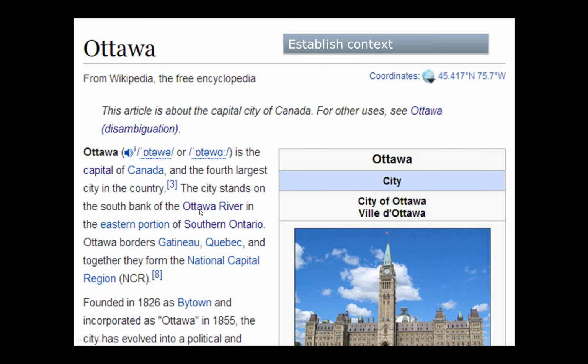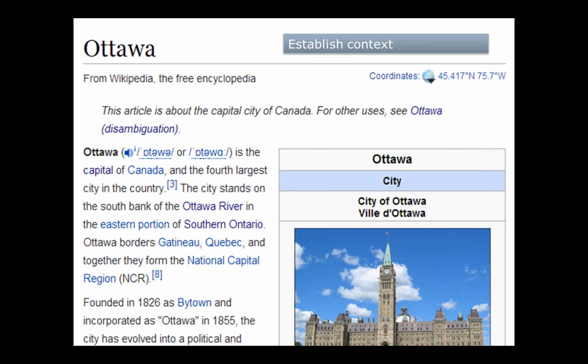It shows where it stands in the local geography, on the Ottawa River, in the eastern portion of southern Ontario, what it borders on, and when it was founded, so it has this historical context. Over here in the sidebar, there are other context-setting features. Pictures tend to be a context-setting feature. Now I know where I am because I see this, and there's a whole bunch of political information underneath. So most of the information that this article leads with is context-setting information. You know you're in the right place because of all this.